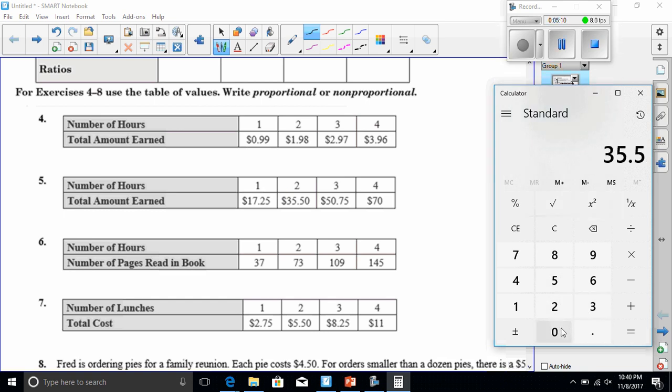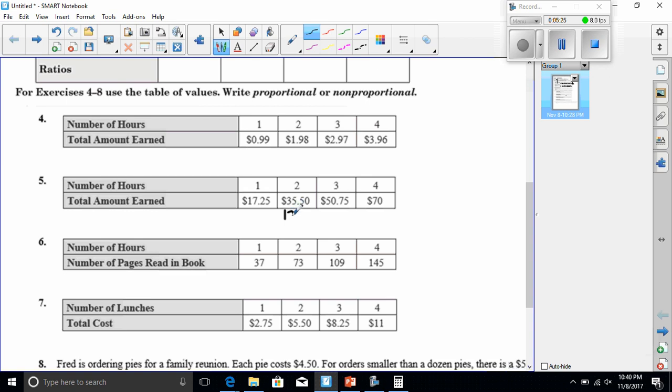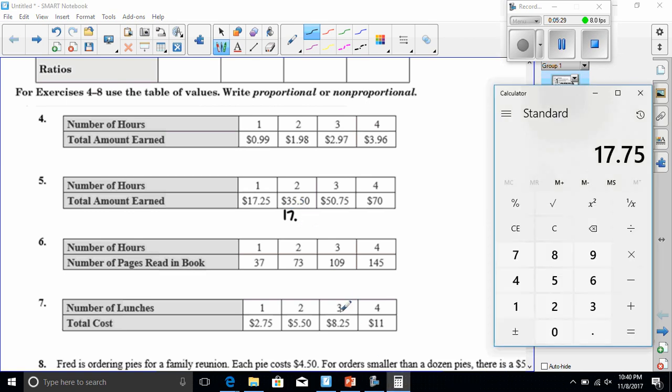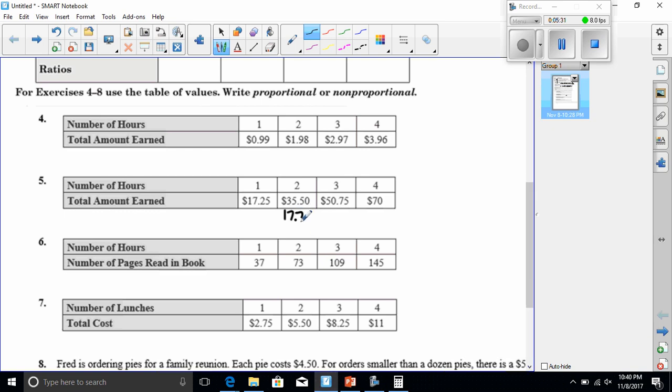35.50 divided by 2. It's definitely 17.75. So automatically we see that these are not proportional. But let's go on and check the rest of them.